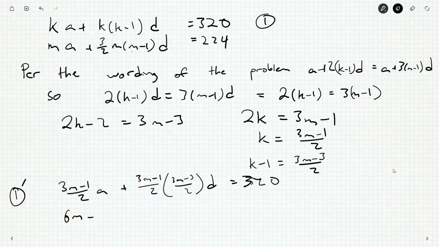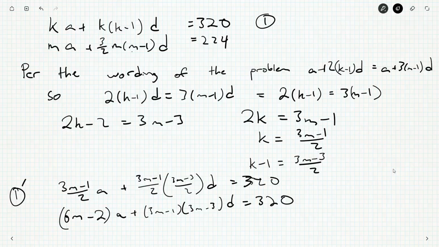So 6m minus 2 a plus 3m minus 1 times 3m minus 3 d is 320. Okie dokie. What else can we do here? Oh, it's not 320 because I multiplied it by 4, so it'll be 1280.